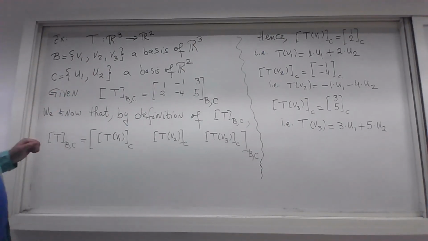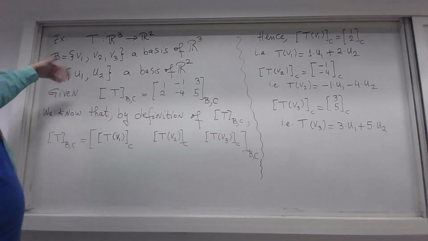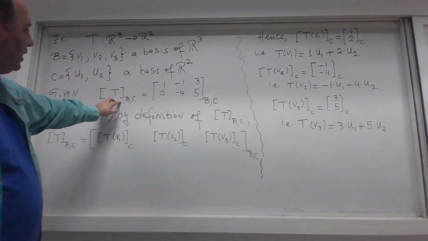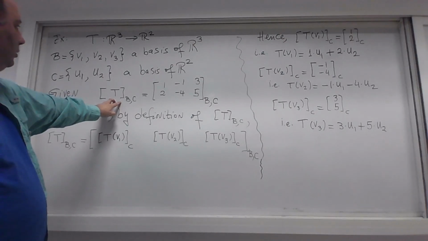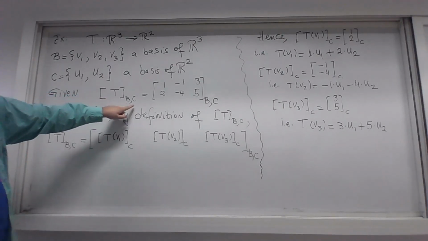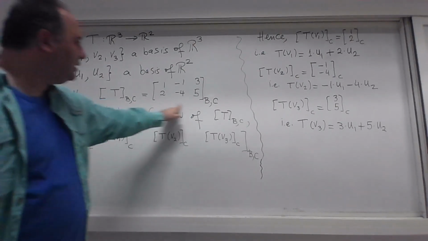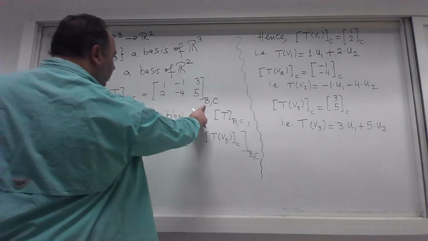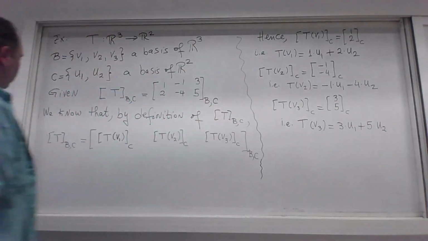And then, in this problem, on top of these two bases that are still mysterious, I'm given a representation matrix for this linear transformation T relative to basis B for inputs and basis C for outputs. And it's given here.